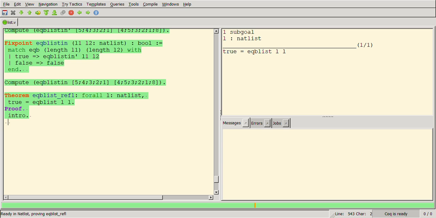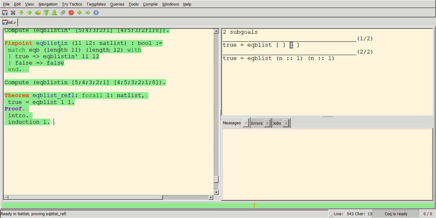So using the tactic induction, I'm doing case analysis on the inductive construction of the list L. And we get two sub-goals: in one sub-goal the list L is nil, and in the other sub-goal list L is non-nil.